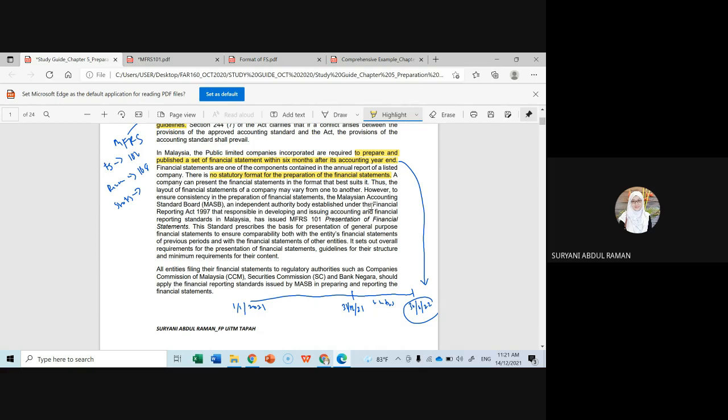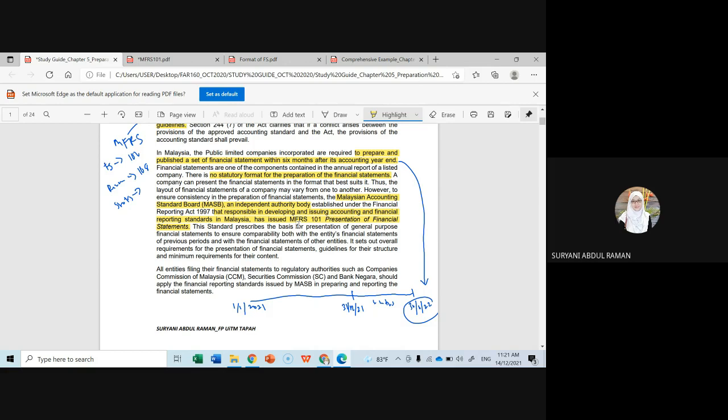Mereka telah menubuhkan satu badan yang bertanggungjawab untuk mengeluarkan piawaian perakaunan ni. Dan salah satu yang mereka keluarkannya adalah MFRS 101.